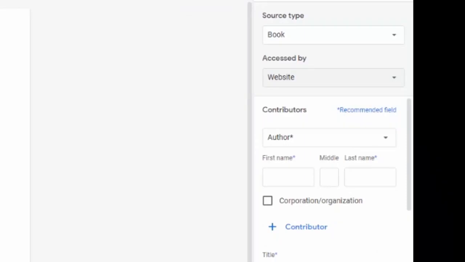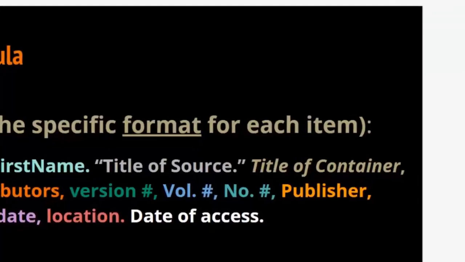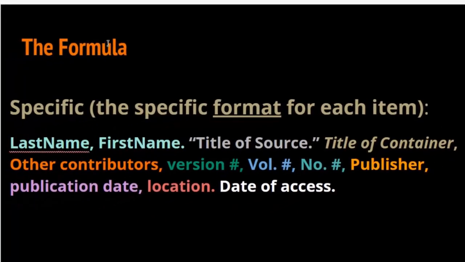Things are jostled around in a weird way. Like for instance, there were a couple of times when my other contributors, which are often editors and things like that, did not come after my title of container. They came after my title of source. So sometimes you do have to play around with it a little bit and just get the best MLA citation you can get.